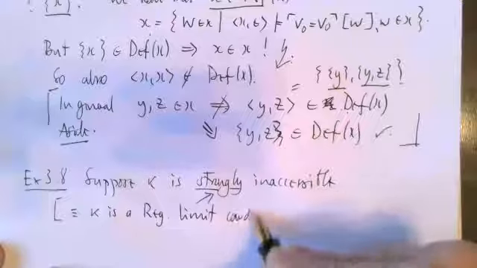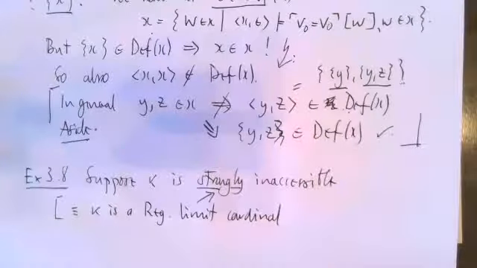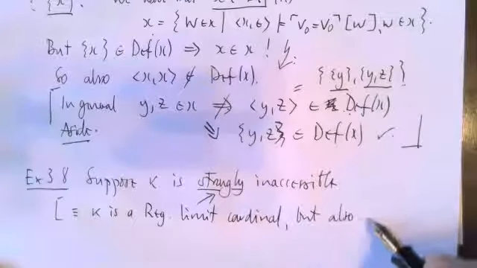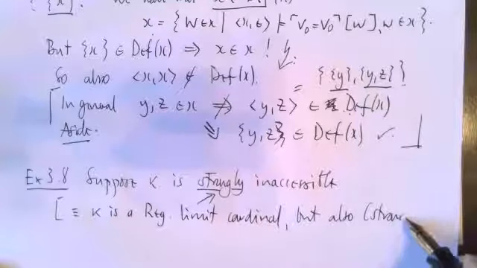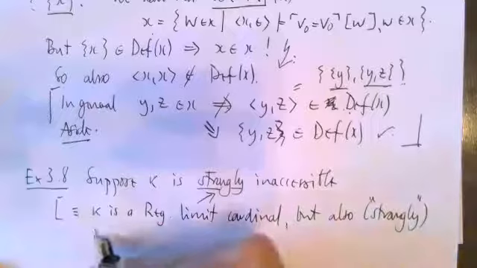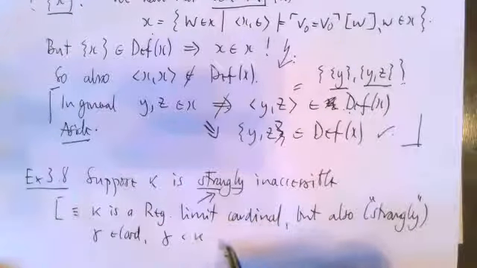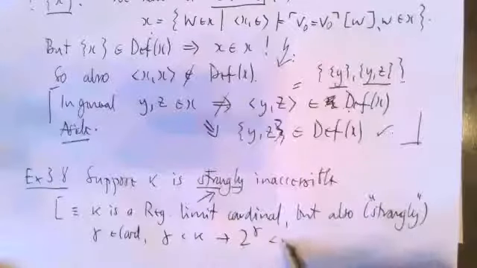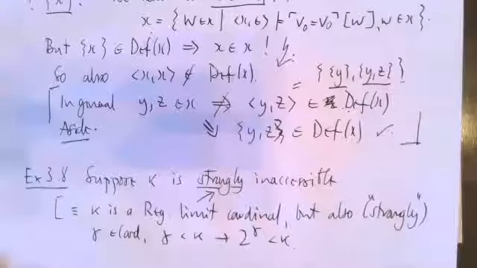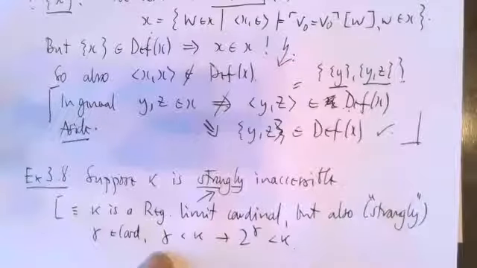So it's a regular limit cardinal, but also, and this is the strongly part, if gamma is a cardinal less than kappa, then 2 to the gamma is less than kappa. This is the cardinality of the power set of this ordinal.